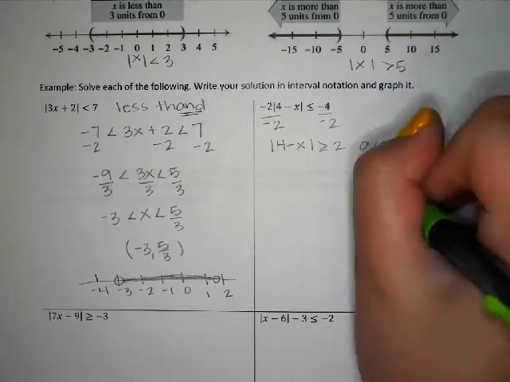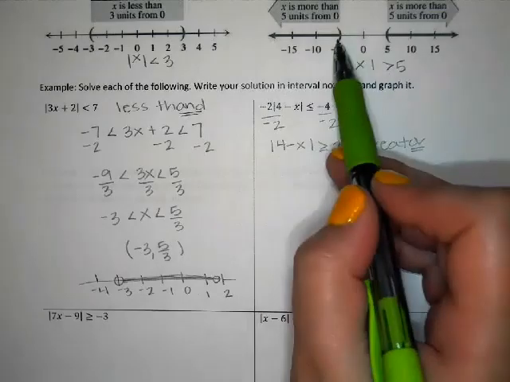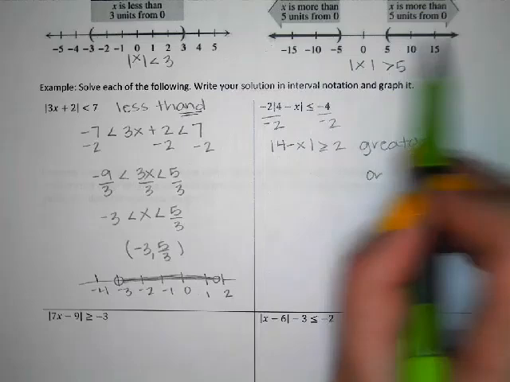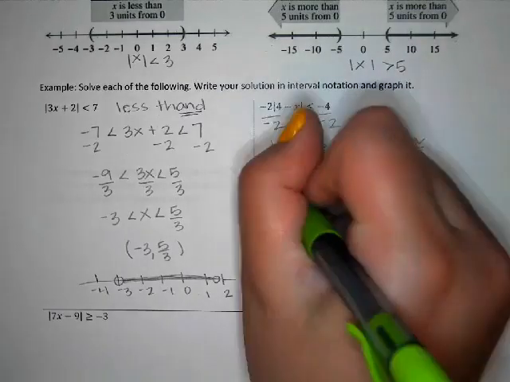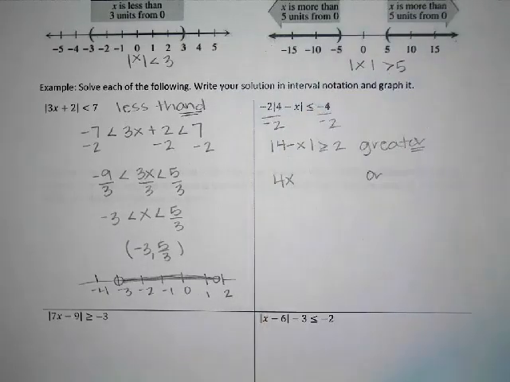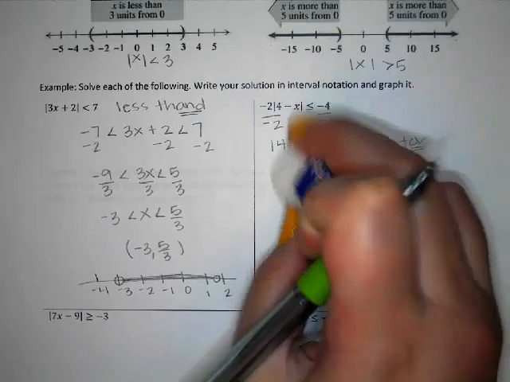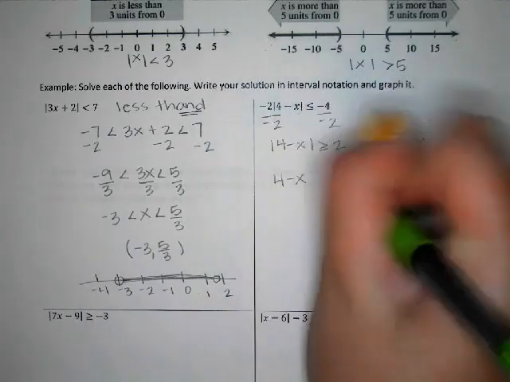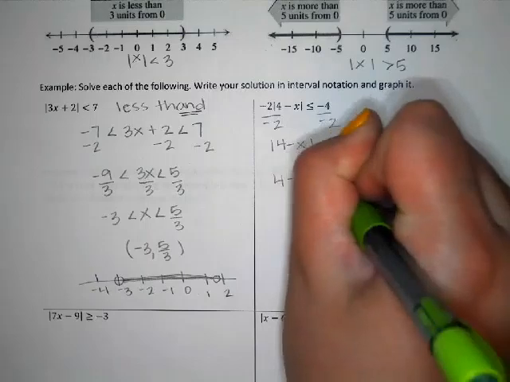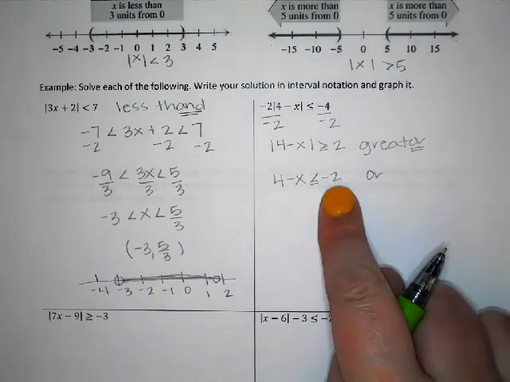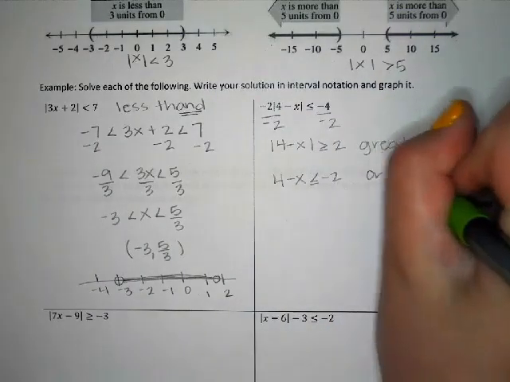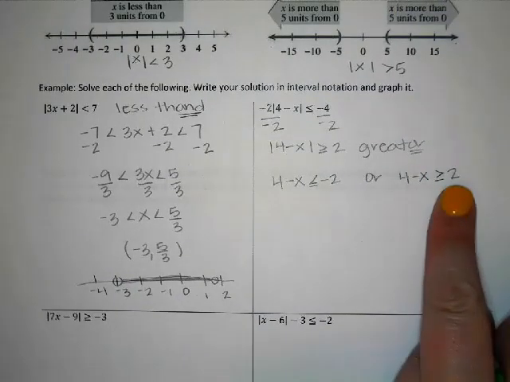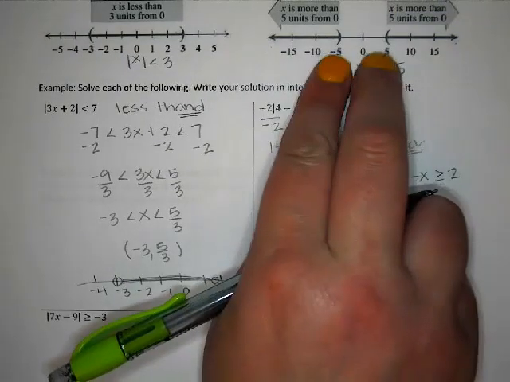My unknown is going to be less than or equal to negative 2, or my unknown is greater than or equal to positive 2. So negative 2, positive 2, going opposite directions.